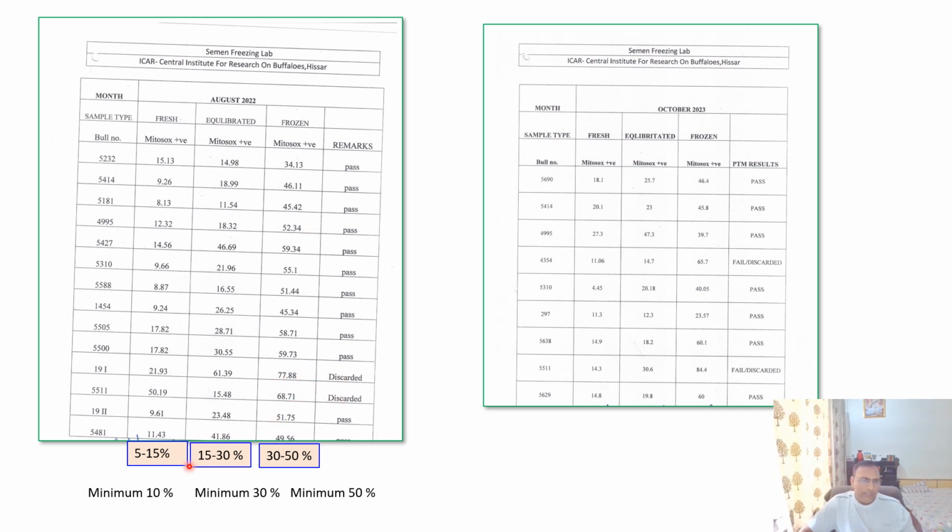So we observe that in fresh, 5 to 50% of sperm cells are MitoSOX positive. In equilibrated, it is 50 to 30%, and in frozen condition, a maximum of 50% of the sperm population is found MitoSOX positive, meaning the mitochondria of the sperm cells are producing more superoxides. In this way, you can estimate and know the sperm cells' health.